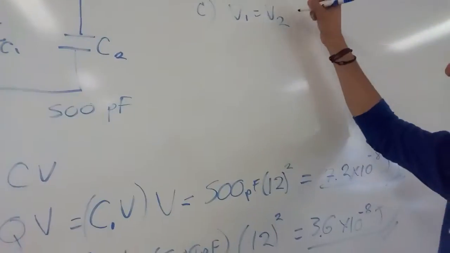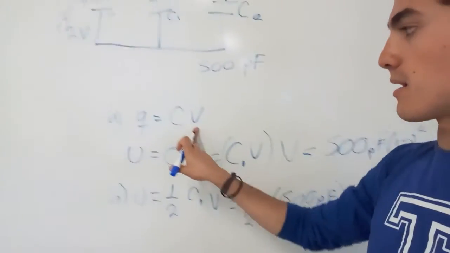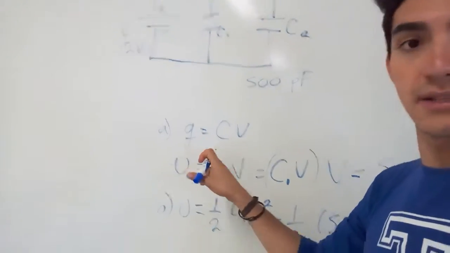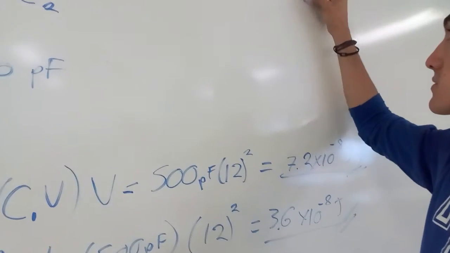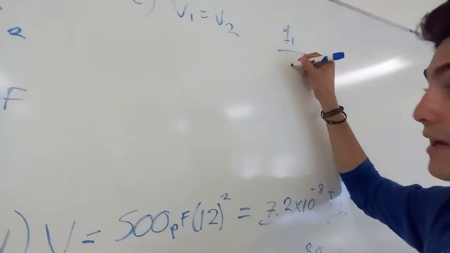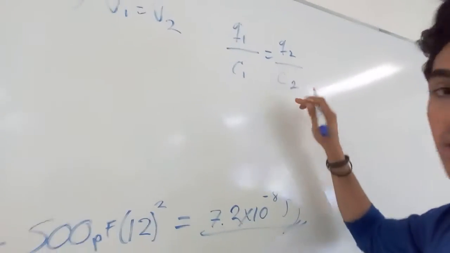As we know, the voltage is equal to the charge over the capacitance. So we can say that the charge 1 over the capacitor 1 is equal to the charge 2 over the capacitance 2.